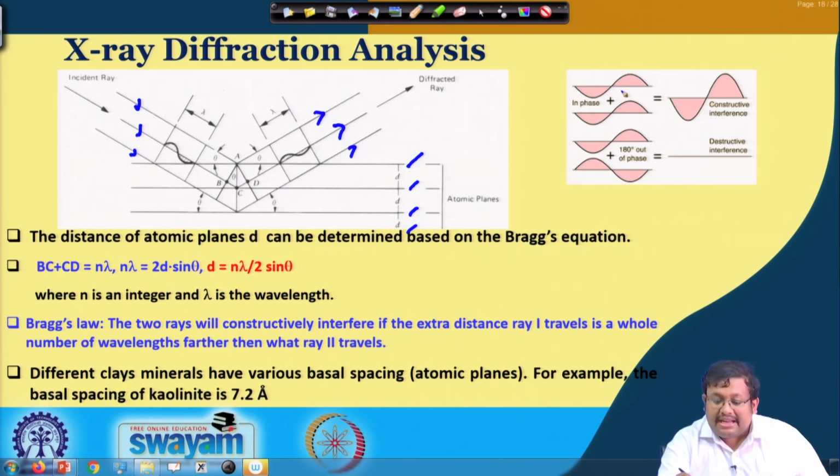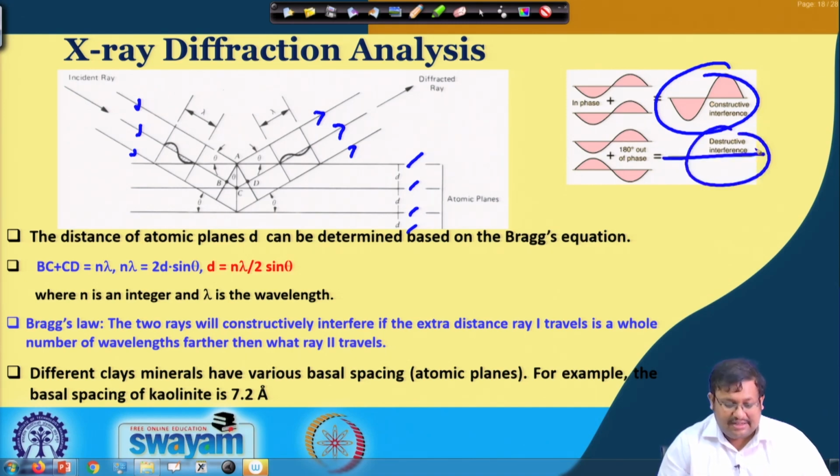There is a term called constructive interference and destructive interference. When two waves are in phase, they create constructive interference, as you can see, and when they are 180 degrees out of phase, they produce destructive interference. This is an example of destructive interference. So, one thing is clear: to create constructive interference between these two diffracted rays, it generally follows Bragg's equation.